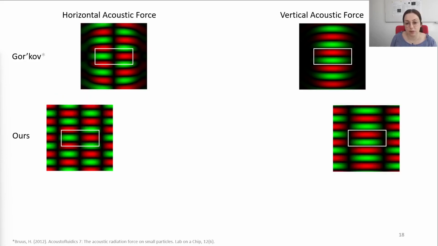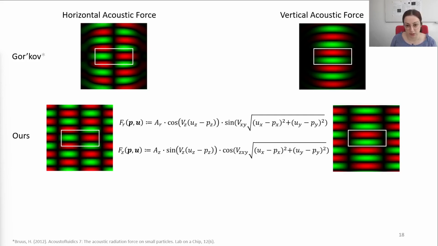So, we observed that in the region of interest, the forces distribute mostly axis symmetrically. Hence, we can approximate the force as follows, where AR and AZ denote the peak forces along the radial and vertical directions of the trap respectively, and the V parameters are the characteristic frequencies of the sinusoidals describing how the forces evolve around the trap.